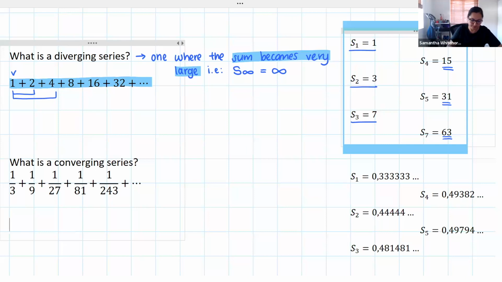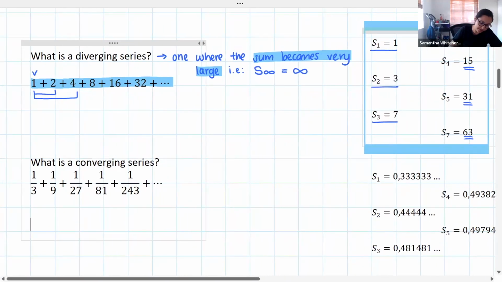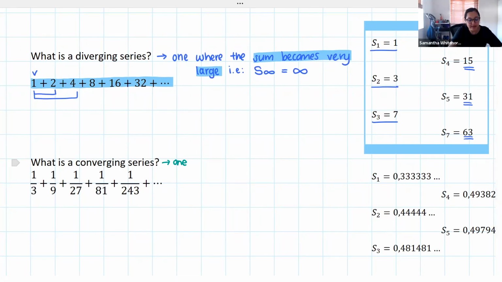So a converging series now is one where, nice, Kanisile, exactly. Basically, our sum starts to get very small and it doesn't go to negative infinity, but what actually happens is we call it, it tends towards a specific value.